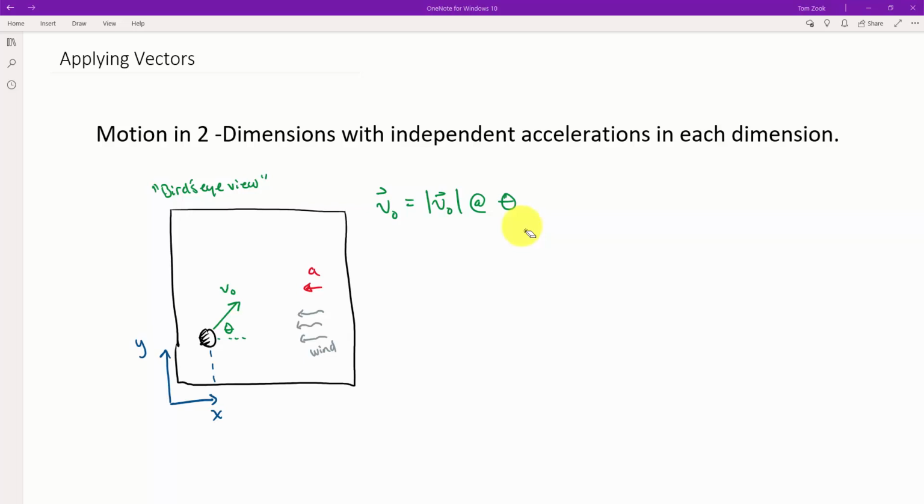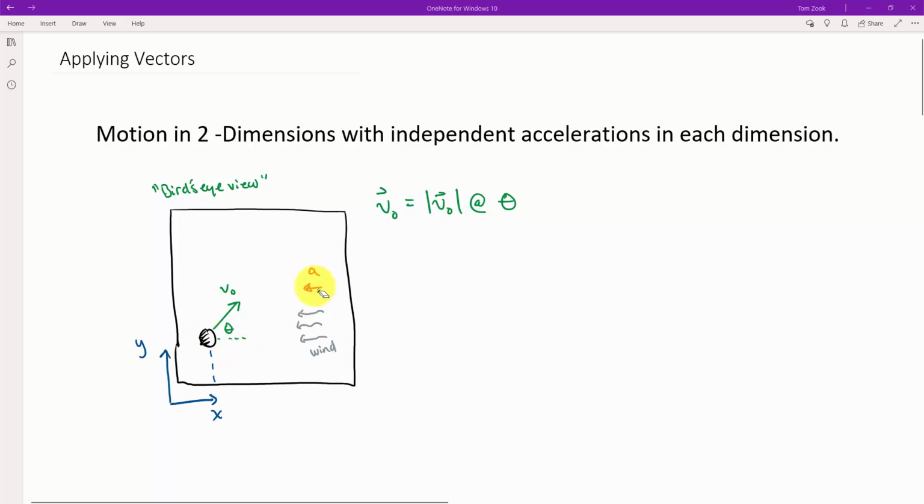But if we want to actually use that, if we want to put something about that initial velocity into a position equation and do some calculations, we're going to need to break this into components. We need to know what the initial velocity is in the x direction and how much of the velocity is going in the y direction.